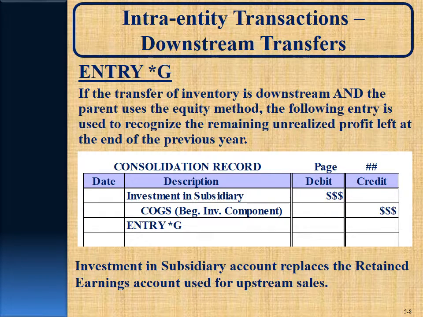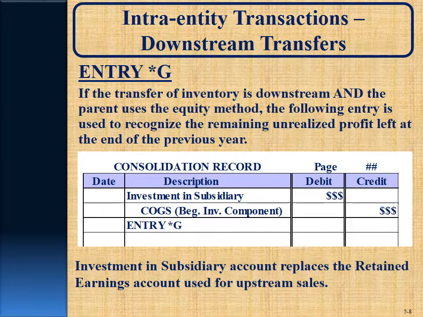Now, why is that? Well, because the subsidiary, if they sell upstream to the parent, what do they do? The same type of journal entry. They credit sales, they debit cost of goods sold, they have a $30,000 gross profit. Well, if the parent still has some of the inventory left over at the end of the first year, what happens in the second year? Well, what did the subsidiary do with that $30,000? They closed it to retained earnings.